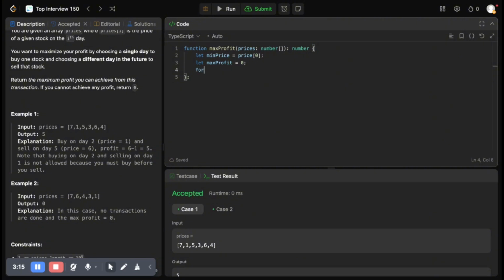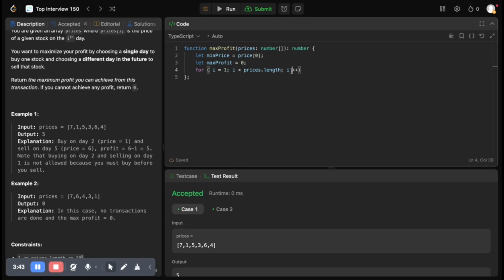So let's do for i equals 1, i less than prices.length, i plus plus.